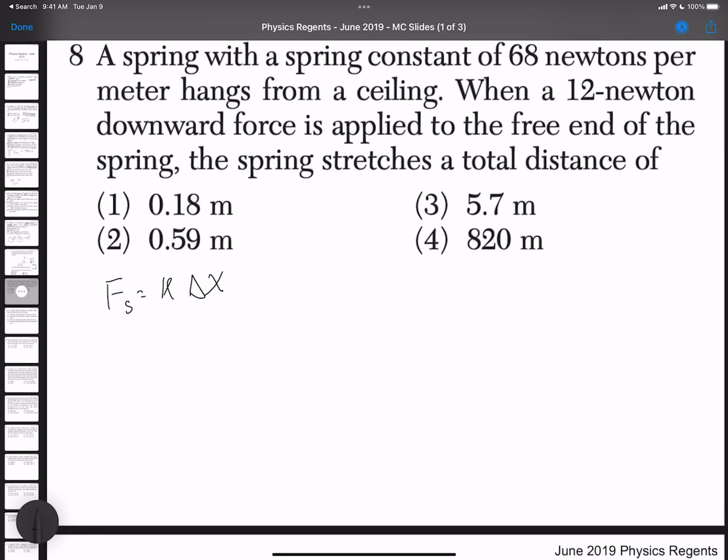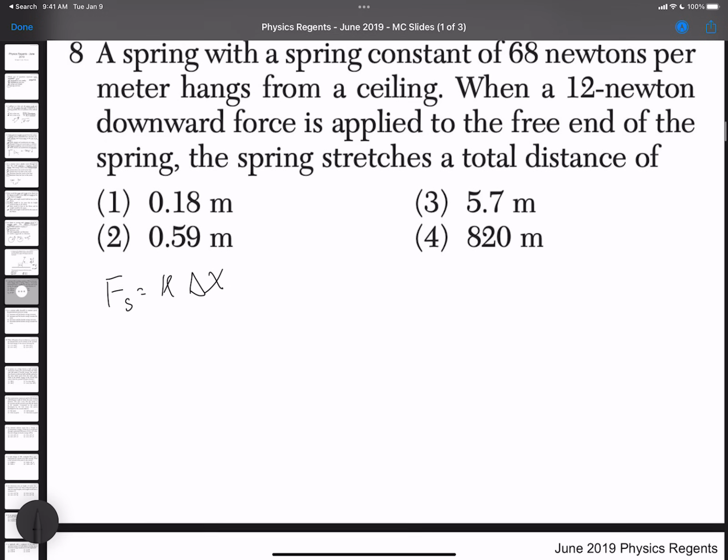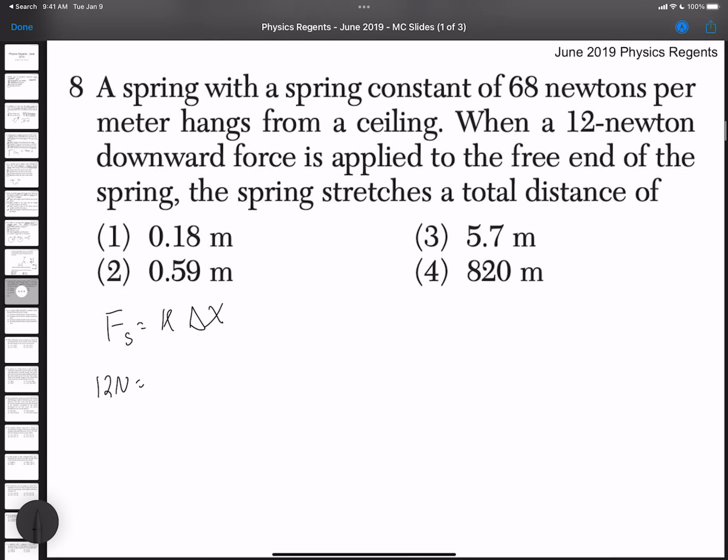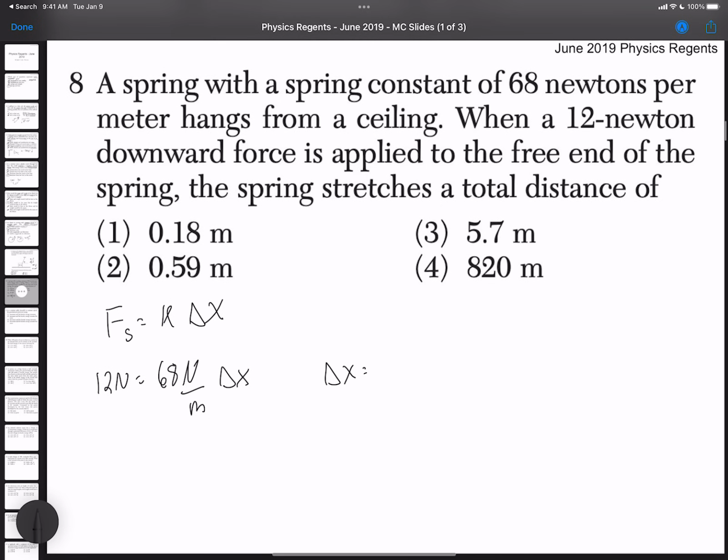And so I've got that the downward force is 12 newtons. I've got that the spring constant is 68 newtons per meter. And then I'm solving for the change in length of the spring. And so the change in length of the spring is going to be 12 newtons divided by 68 newtons per meter.